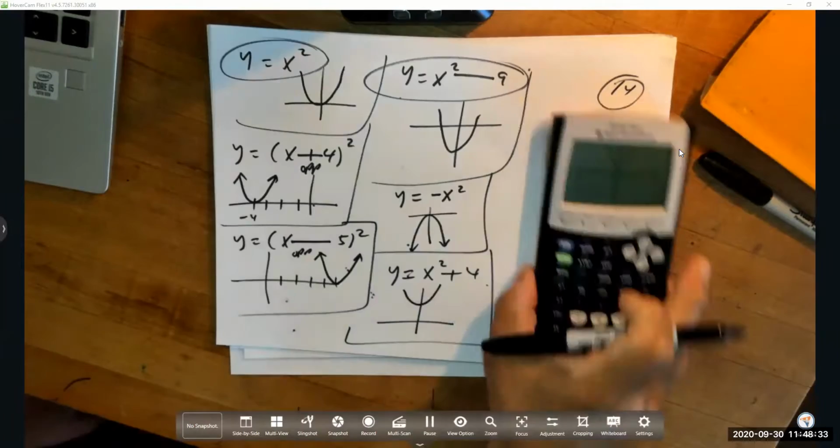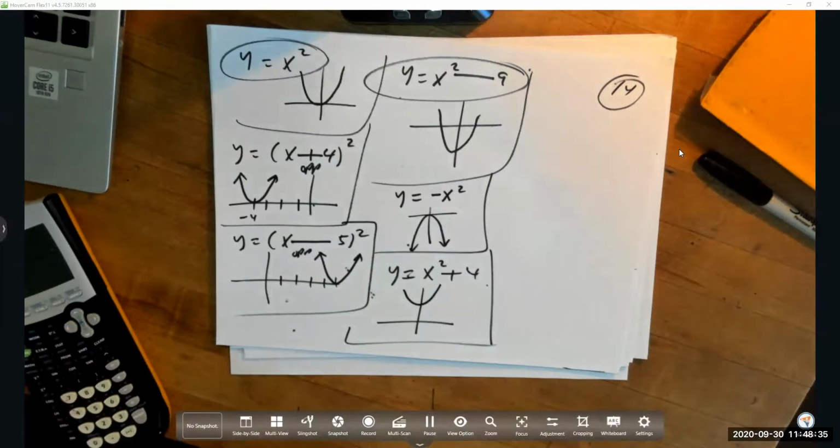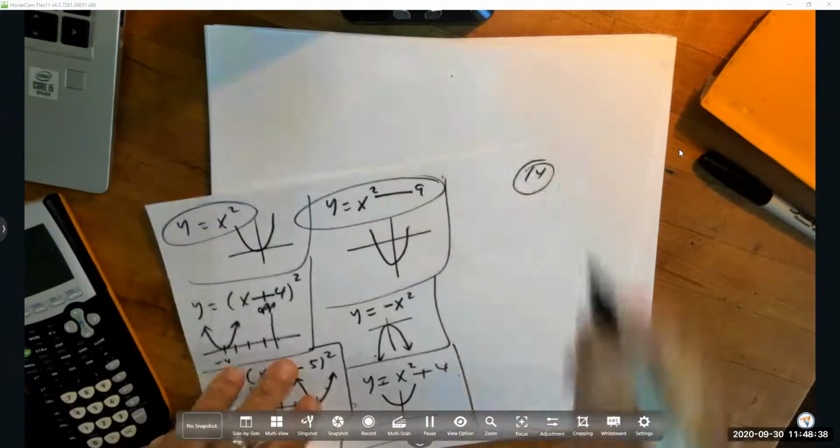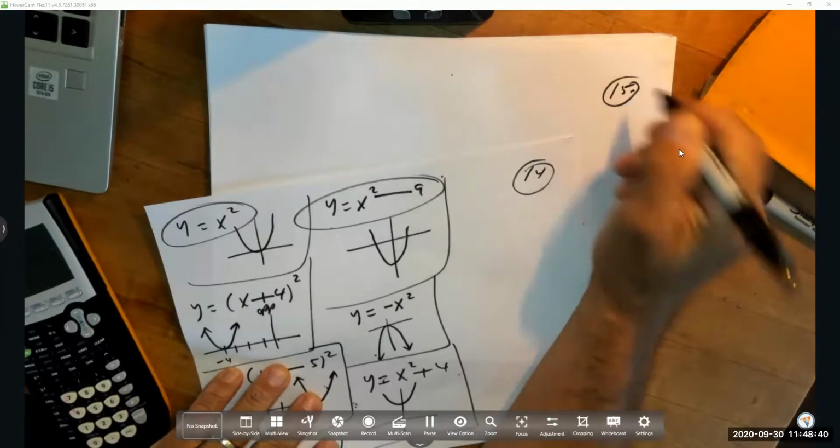Okay. All right. So now, the last page. We can do one more page and we'll stop at page 15. This one.